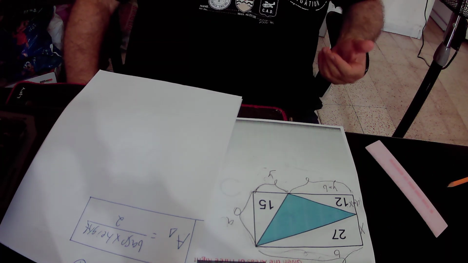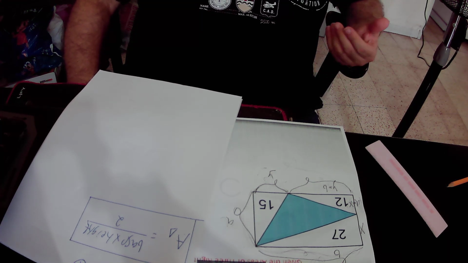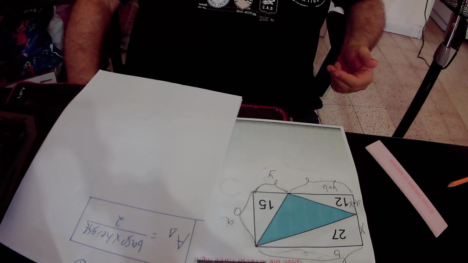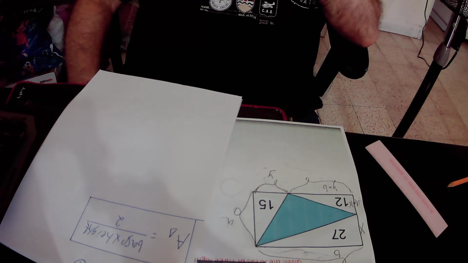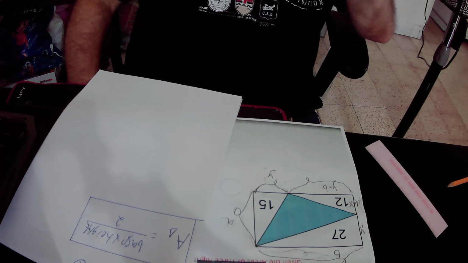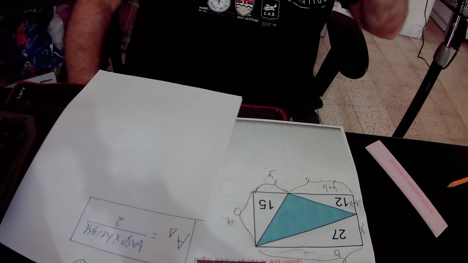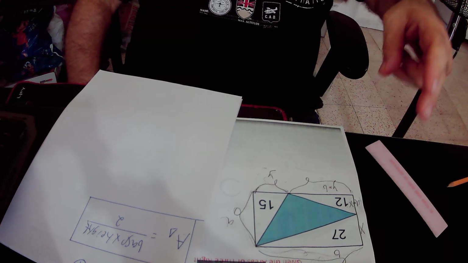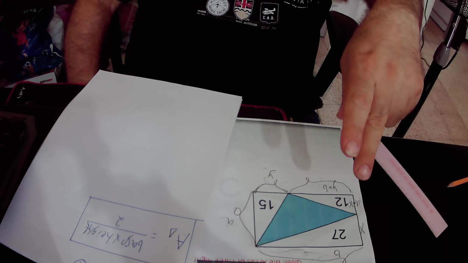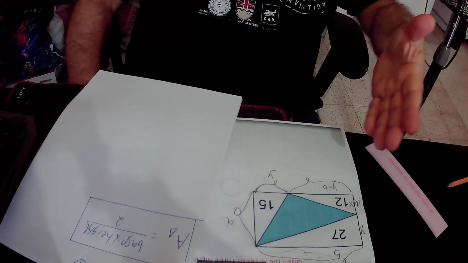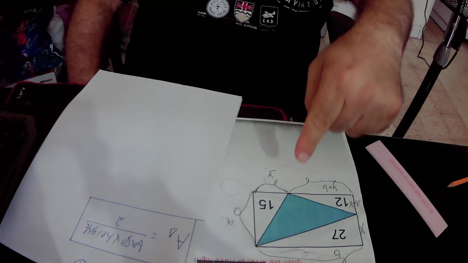So by creating the formulas to compute the area of those three right triangles, we will be able to know the value of A times B, that is the area of the rectangle, and after we know the area of the rectangle, we will subtract from it the sum of the areas of those three right triangles that are given to us, and we will get the area of this blue triangle.